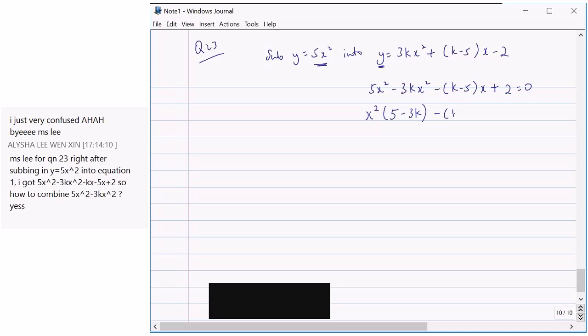Then the x term remains untouched, and the constant term also remains. So what's the a? This is the a. So a is 5 minus 3k. What's the b? Remember there's a negative sign outside, so b is minus k minus 5. And c is 2.